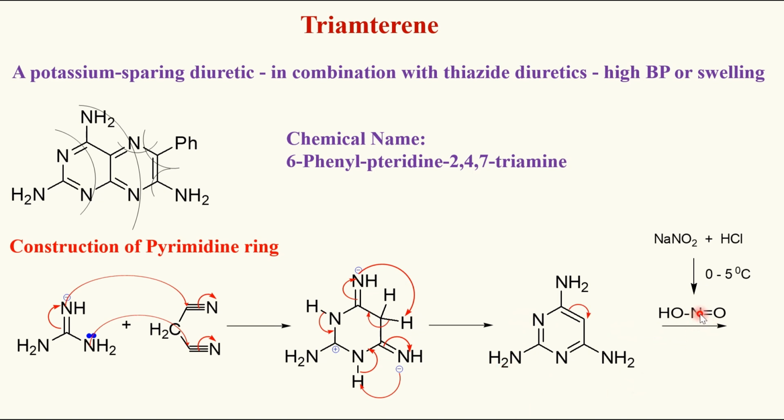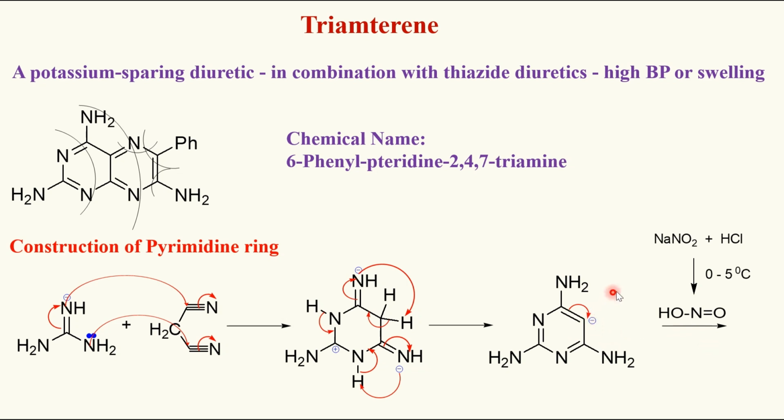The nitrogen in the nitrous acid is electron deficient due to the presence of electron withdrawing groups adjacent to it, and this electron deficient center can act as a weak electrophile. In the presence of the electrophile, the pi electrons move because of this electromeric effect, giving rise to a carbanion.